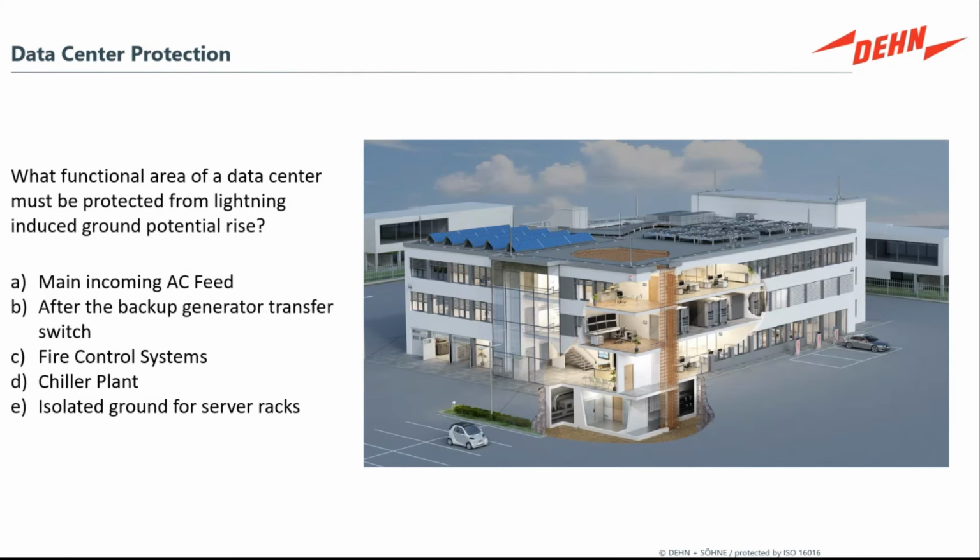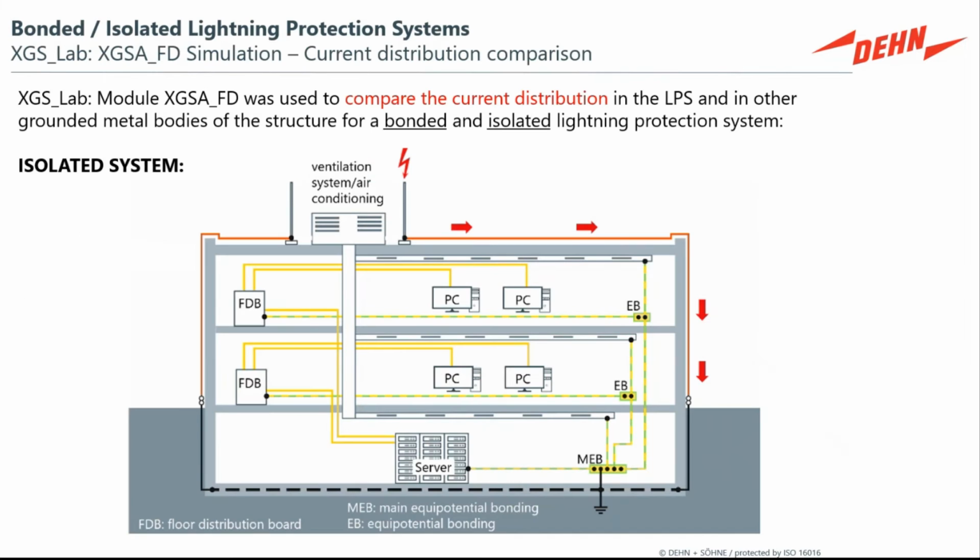And further, looking at the top of the data center all the way into the middle, what's the most important functional area that needs to be protected? Of course, this is a trick question because it's the entire facility. That's why we take this holistic approach. We look at the entire facility and we can build a protection methodology.